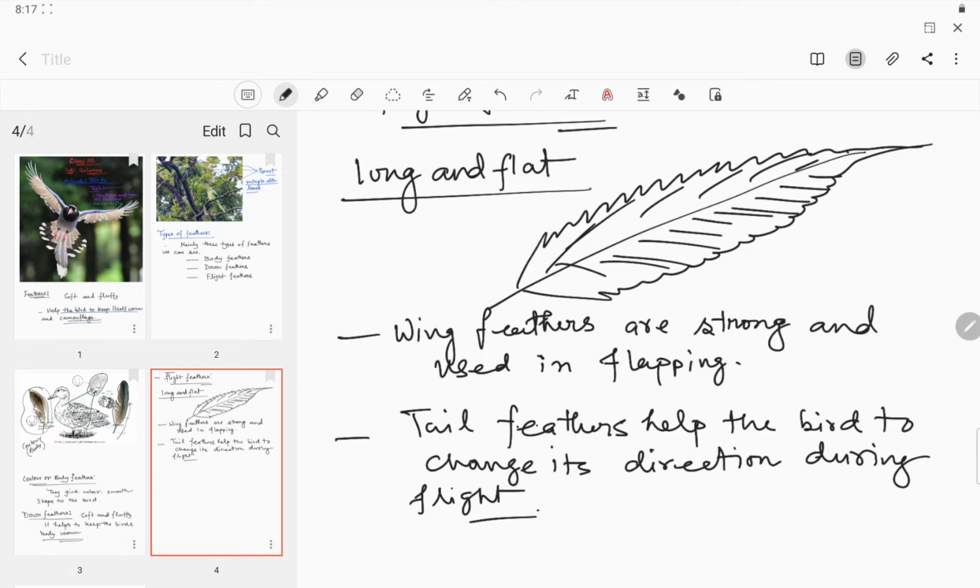So these are the three types of feathers: body feathers, down feathers, and flight feathers. And birds like to keep their feathers clean. They bathe regularly and use their beak to rearrange their feathers in shape.